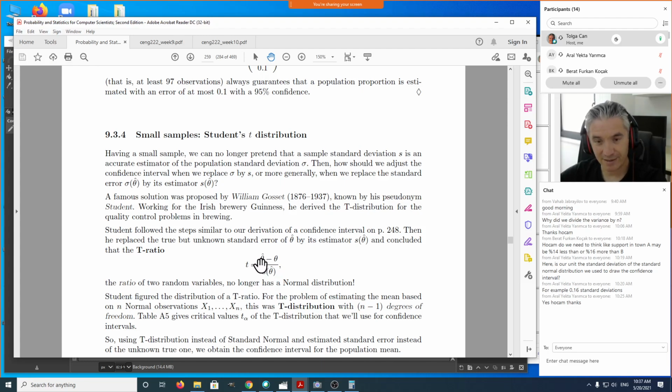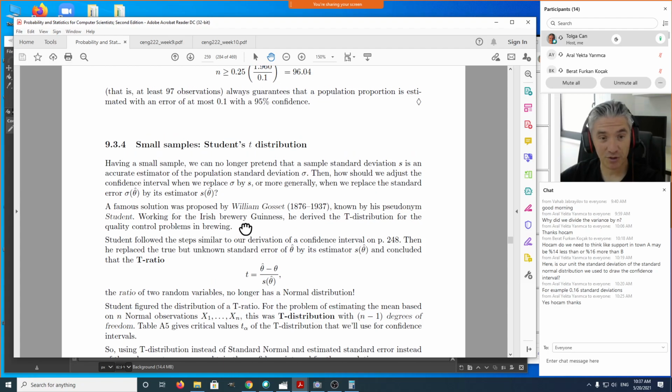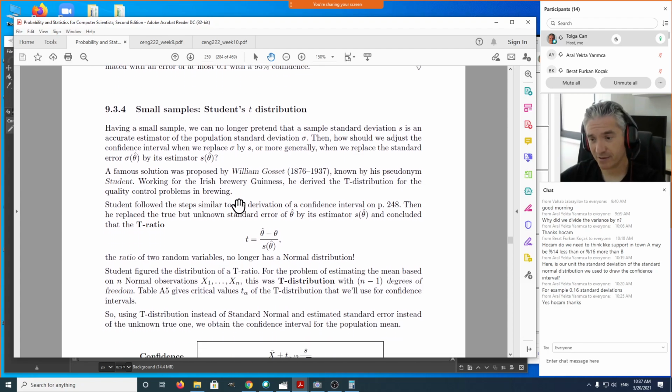The actual theta hat is also estimated from the sample, so it's a ratio of two random variables. This was normal when the sample was large, okay? But for small samples, this no longer looks like a normal distribution. This is what is called Student's t-distribution, and we are going to talk about this after the break.